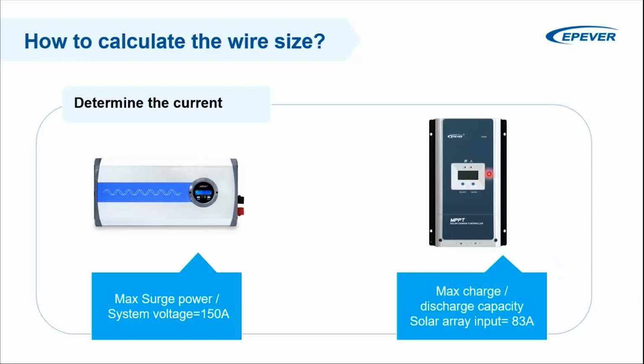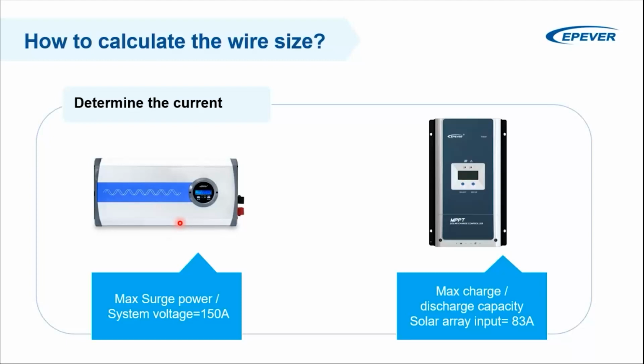In practice, we have chargers with 100 amps capacity, and 83 amps will be safe because with our configuration, the current will never go higher than 83 amps. After determining this current, you can use the closest wire in terms of thickness that provides this current capacity. And I will let you know soon how to do that.